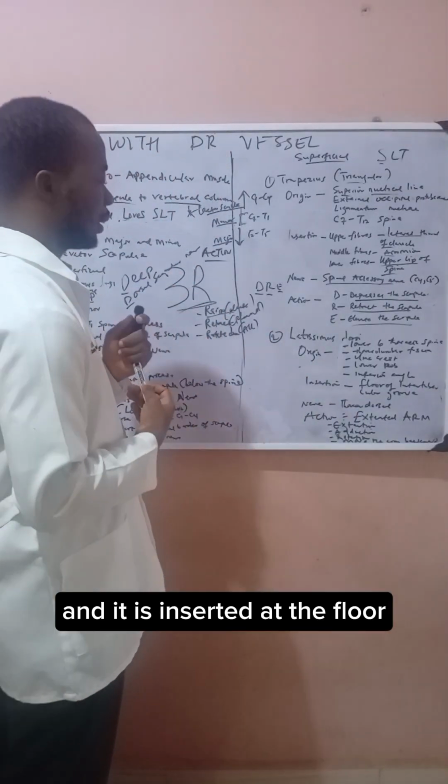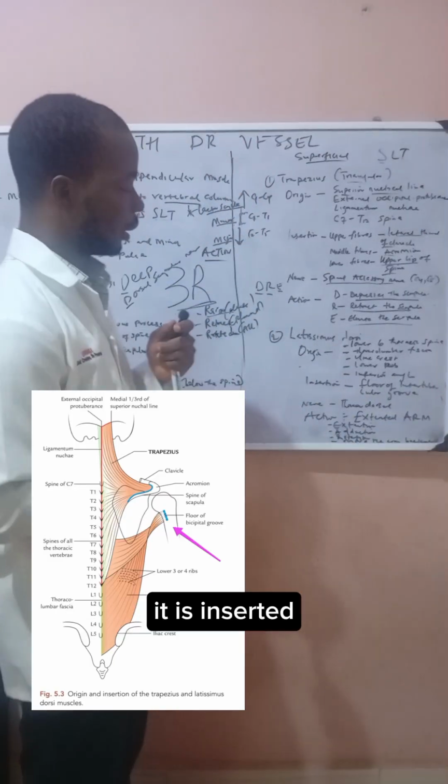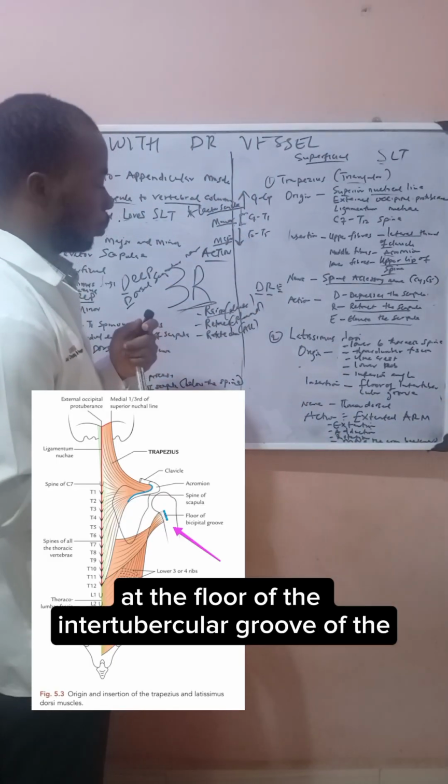It is inserted at the floor of the intertubercular groove of the humerus.